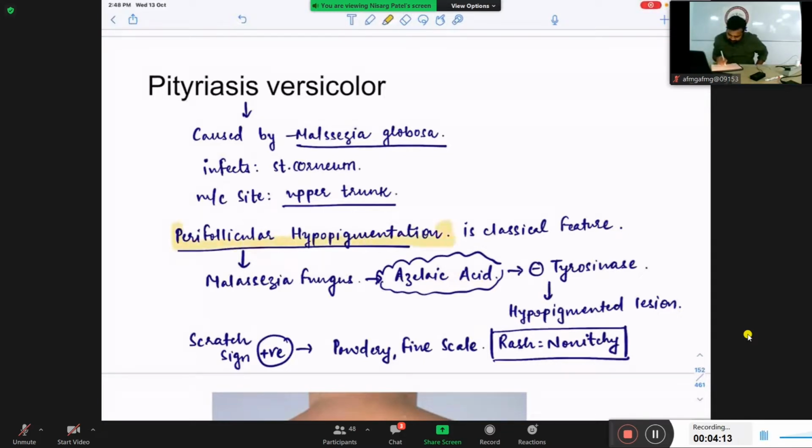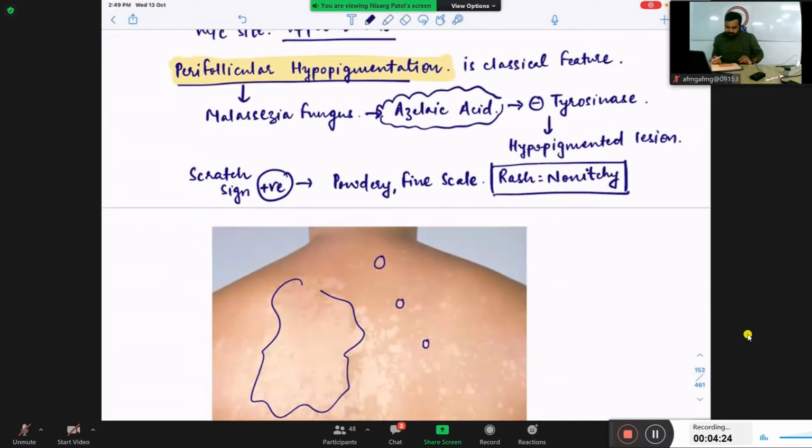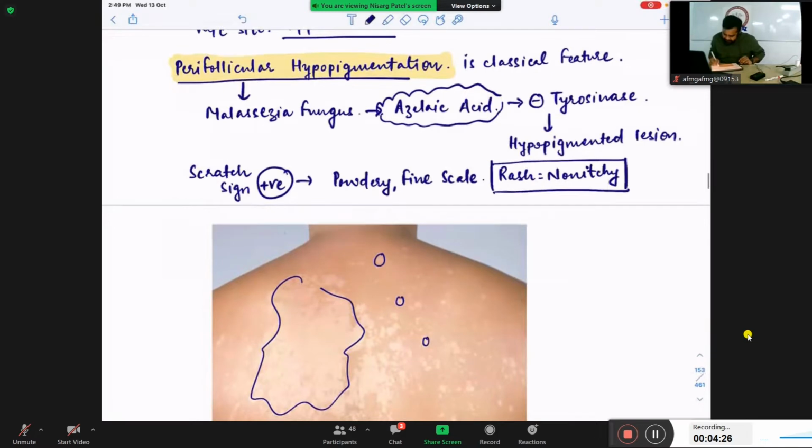As I told you, most commonly the feature is hypopigmentation. But in one MCQ, it was given that the feature of pityriasis versicolor can be hyperpigmentation also. Why?